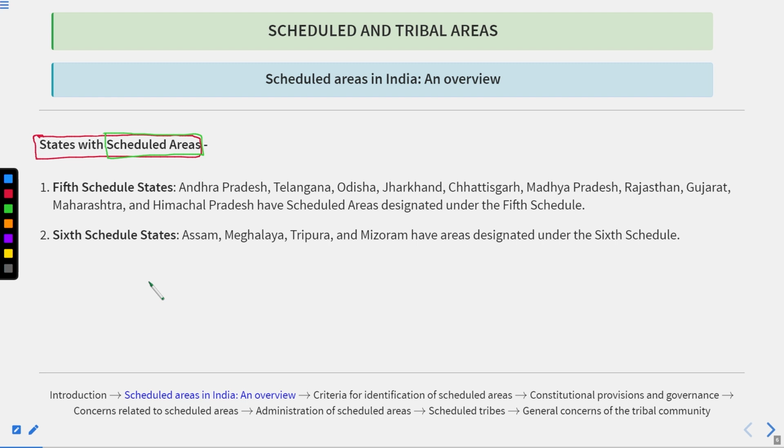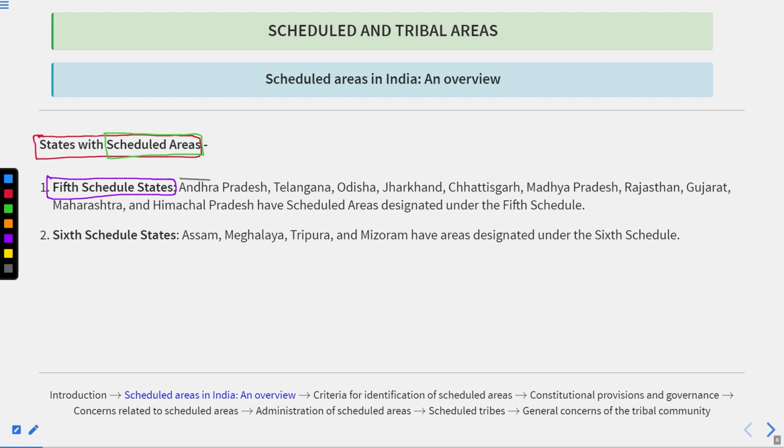All right. So if we talk about the first one, that is our fifth schedule states, then we know the fifth schedule deals with 10 states in number, excepting the four northeastern states with which the sixth schedule deals.